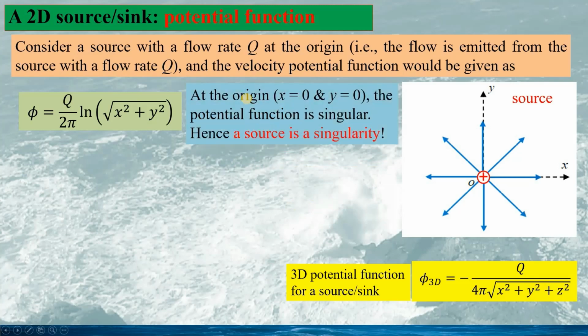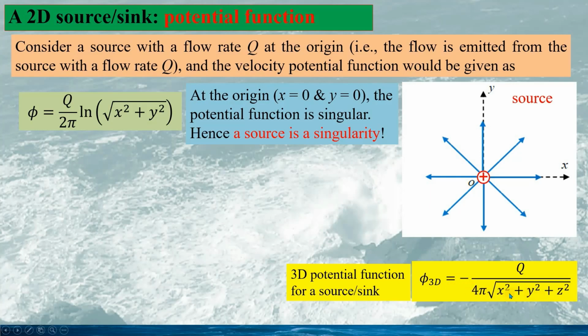Here we can see at the origin of the coordinate, where x and y are both 0, the potential function phi would be singular. This means a source is a singularity. This is the same for the 3D source.